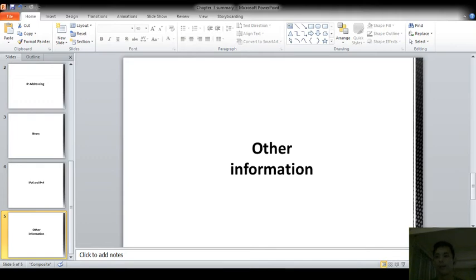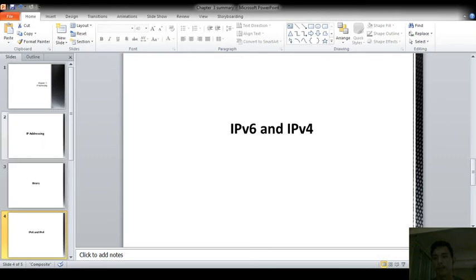So we're going to have a recap. First, we talked about IP addressing. IP addresses are managed by IANA, and are hierarchical, with network, subnetwork, and host portions.